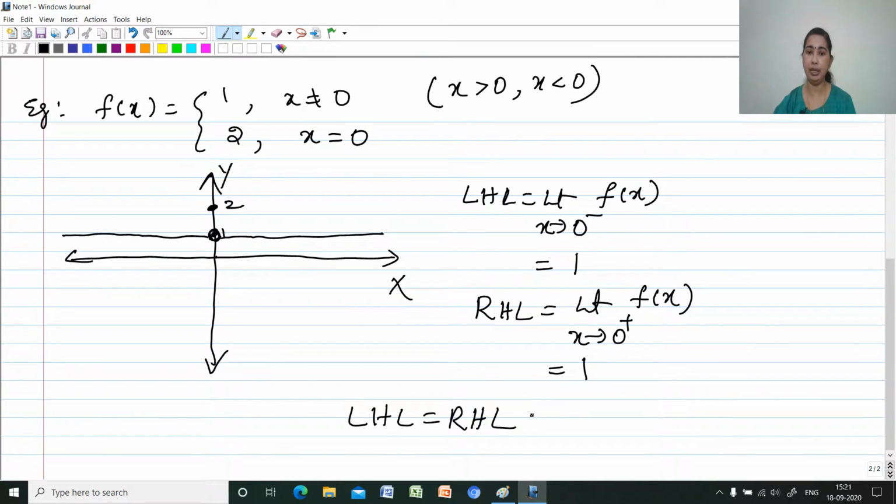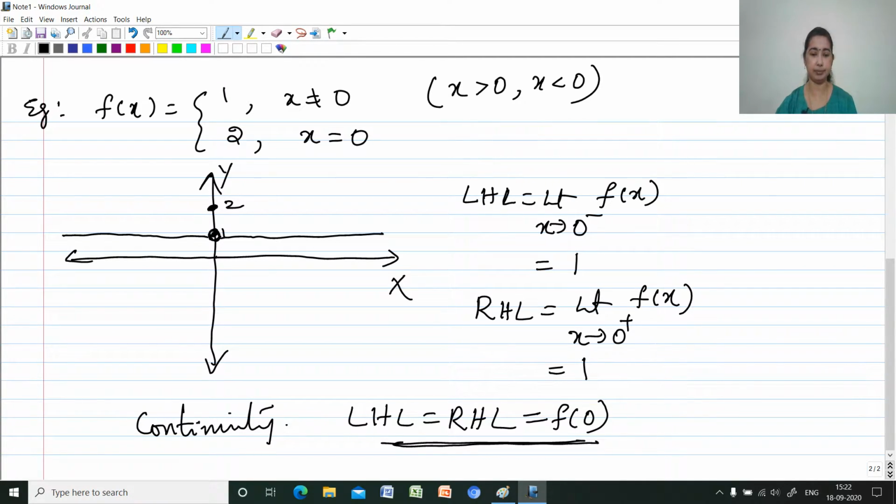So what should be the necessary and sufficient condition for continuity? LHL should be equal to RHL, should be equal to f of 0. This is also important. If this is satisfied, that is if LHL equal to RHL equal to f of 0, then we call it continuous. So this is the condition for continuity of a function.